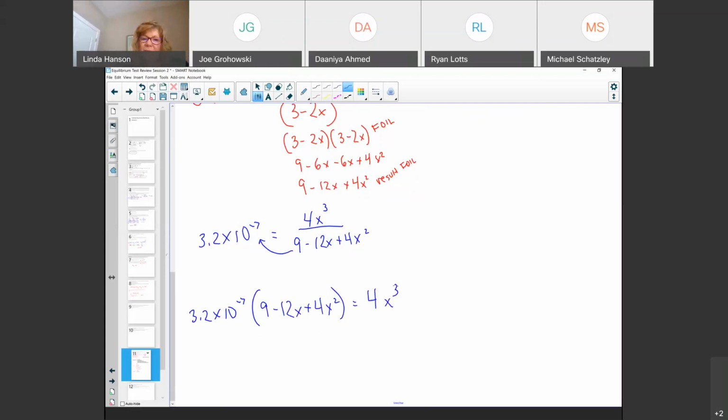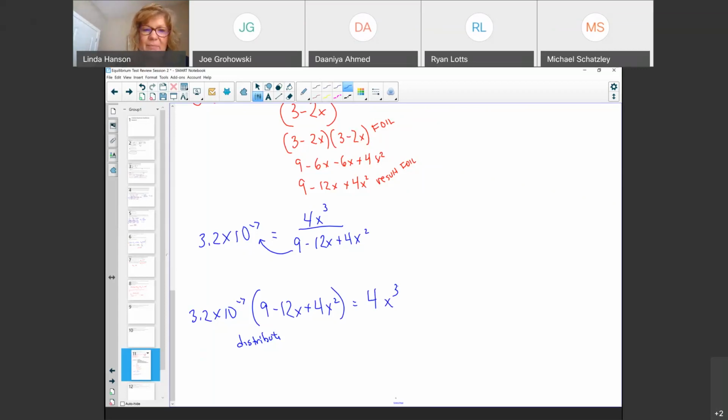That was me bringing what was below the fraction over to the left side, and now I have to distribute that k constant through the parentheses one at a time. I'll take the 3.2 times 10 to the -7 and multiply it by 9, then by 12, then by 4.